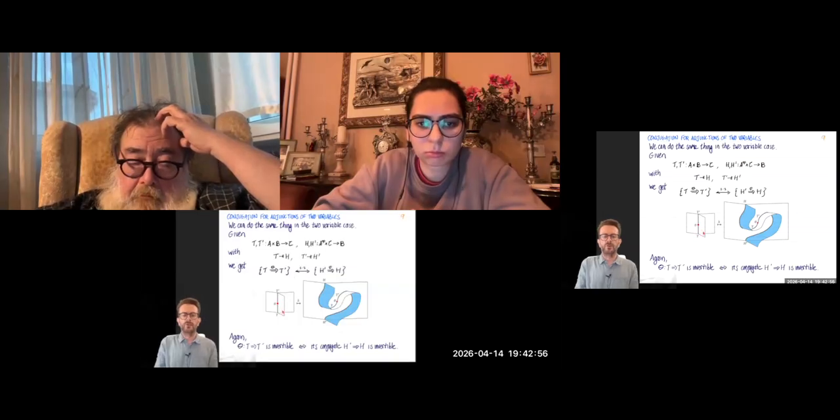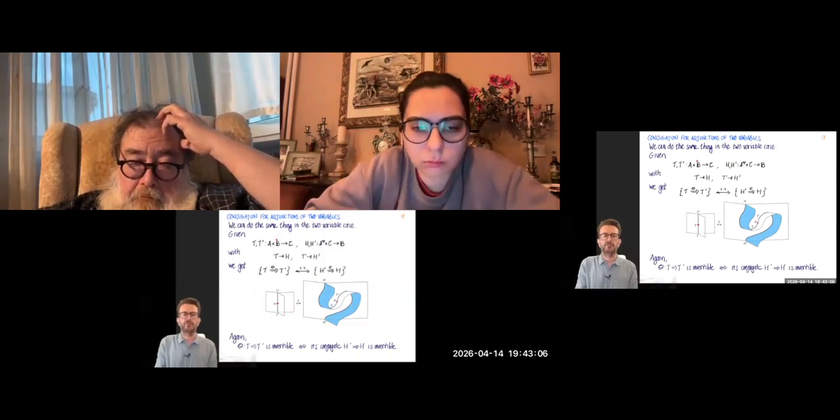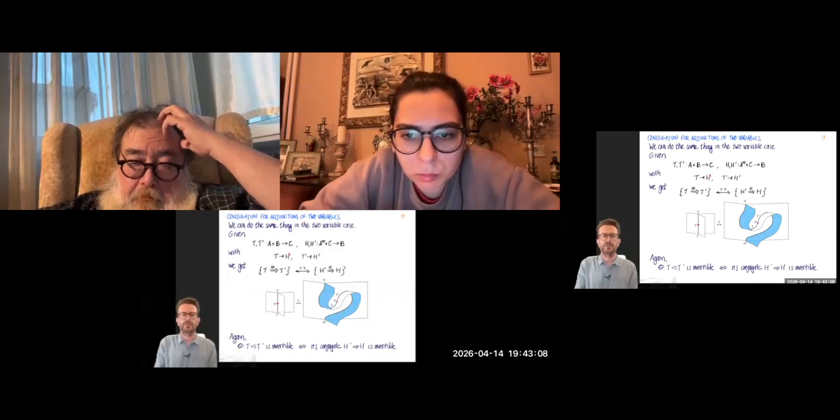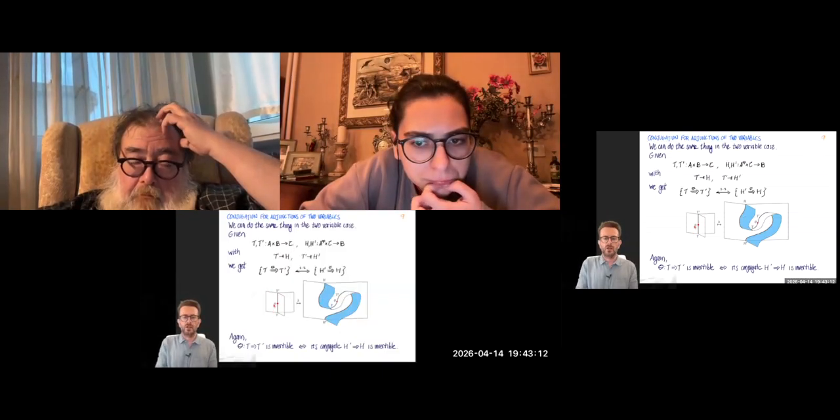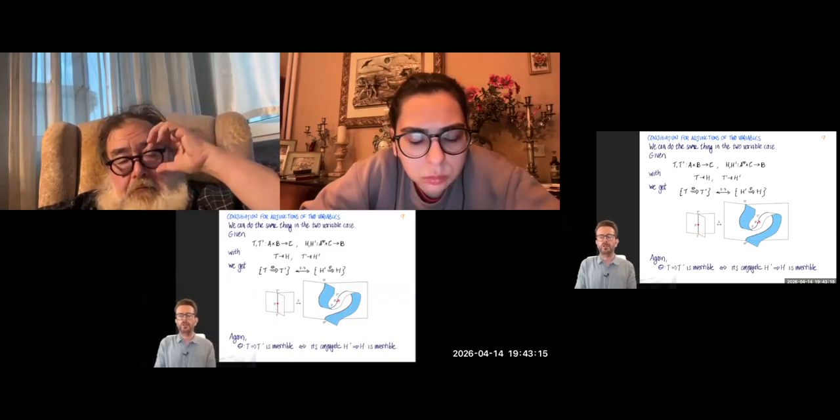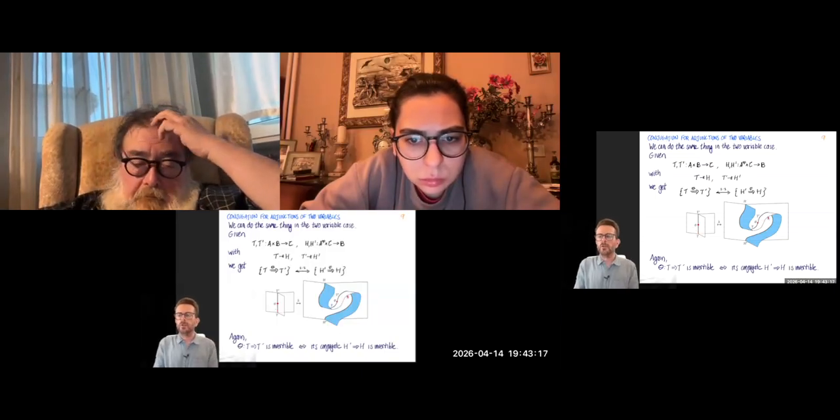So if we say theta is a natural transformation between T and T prime, this front sheet here represents the category A, the back sheet represents the category B, and the other sheet represents the category C. We can take its conjugate again just by using the co-unit for the primed adjunction and the unit for the unprimed adjunction.